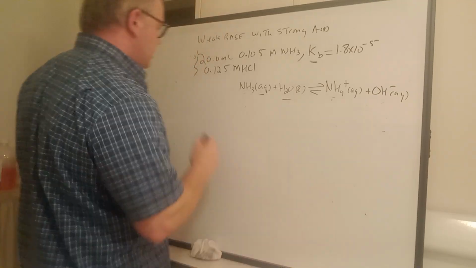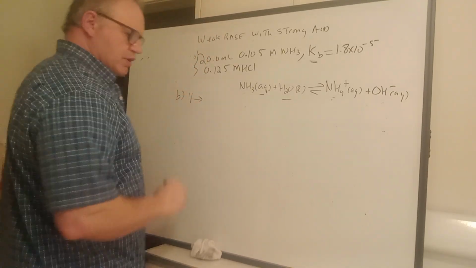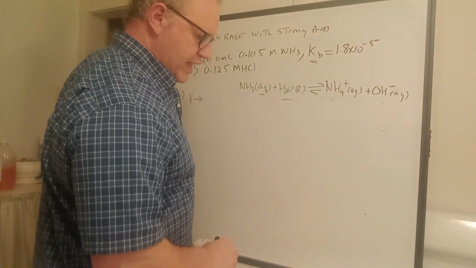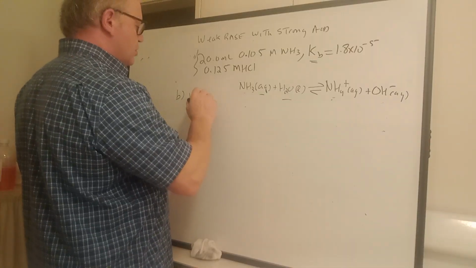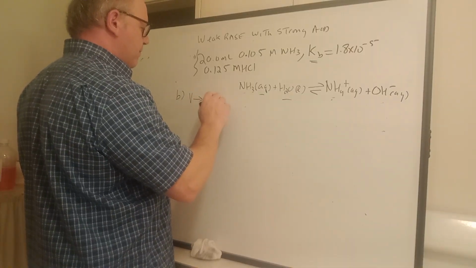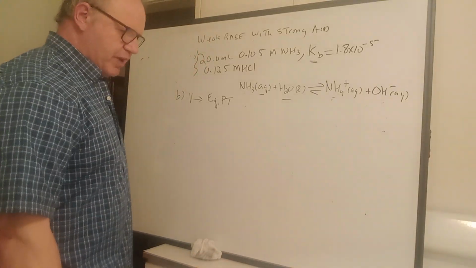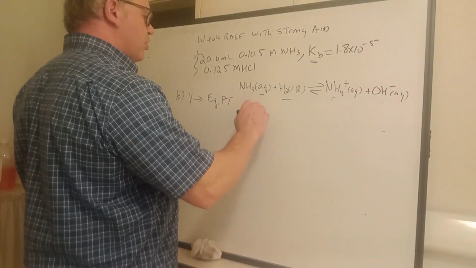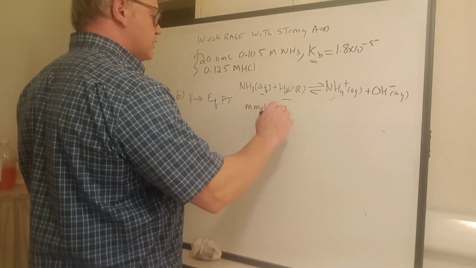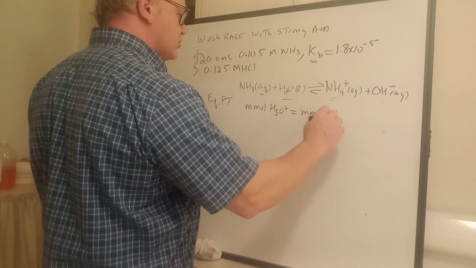So now part B is let's calculate the volume of the acid, the HCl, to get to the equivalence point. We do some calculations here we'll definitely use later. The big idea is that at the equivalence point, the millimoles of H3O plus is equal to the millimoles of the base we're titrating, which is ammonia.